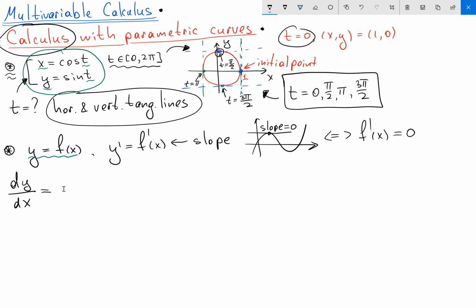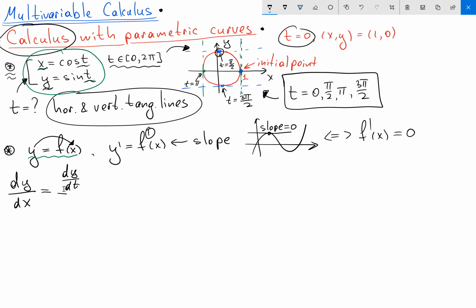We can see that I'm looking for f prime, as y depends on x. In our derivative formula, y is on the top and x is on the bottom. But since x depends on t and y depends on t, what can I do with this formula? I can take the top and the bottom and divide by the same factor dt.